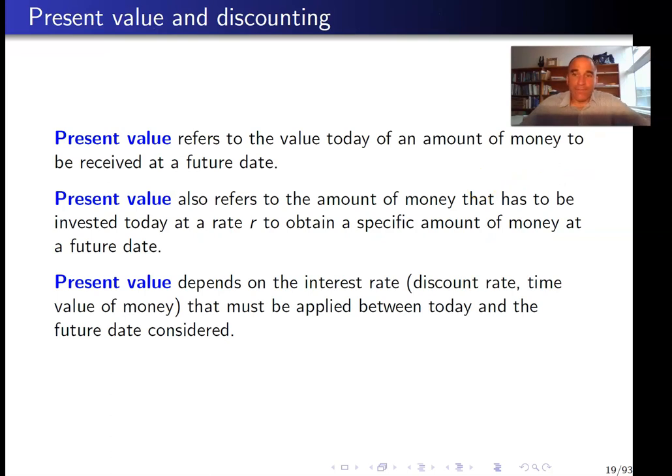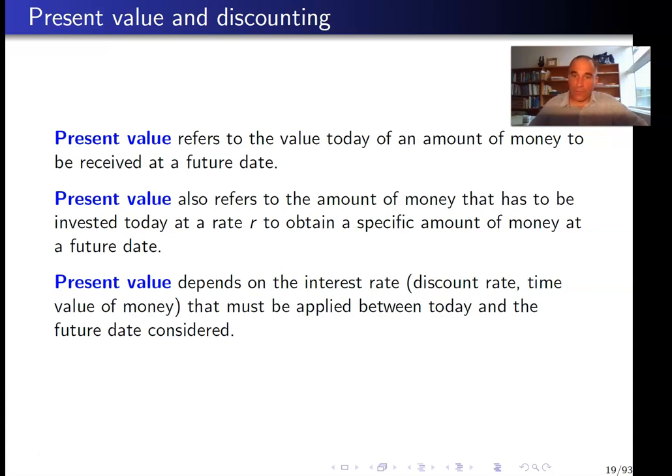Present value. So we have just seen future value. Future value is capital plus accumulation of interest over time. Present value is how we would value today a payment to be received in the future. Similarly, the present value is the amount that would have to be invested today at the actual discount rate in order to withdraw a specific amount in the future.